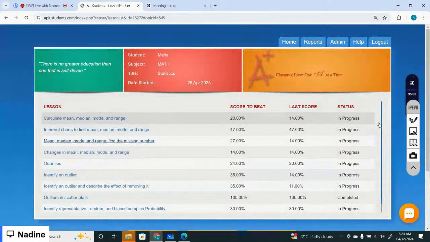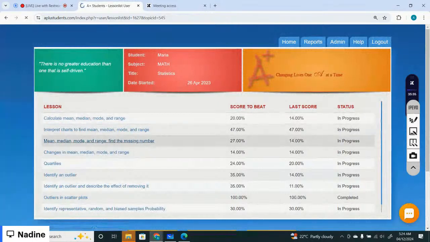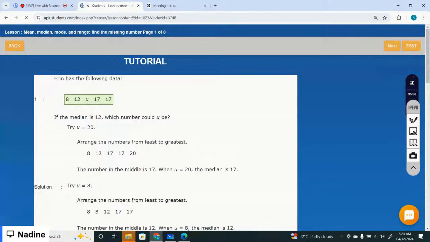The next lesson is mean, median, mode, and range. Find the missing number. Erin has the following data: 8, 12, U, 17, and 17. If the median is 12, what number could U be?